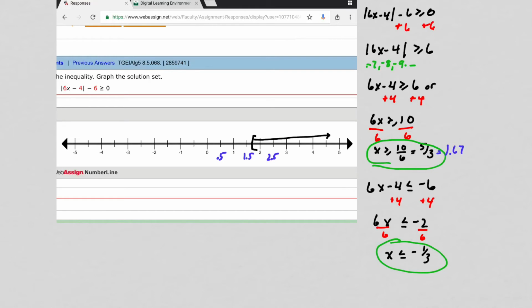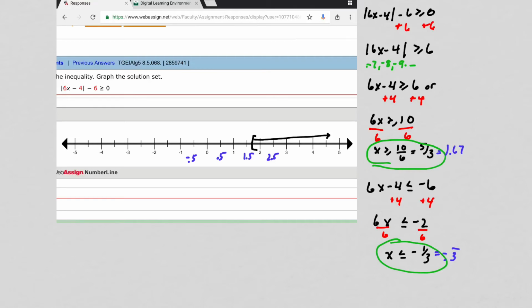And then x less than or equal to -1/3, that's the same as -0.3 repeating. So here we have -0.5. So -0.3 is a little bit closer to the -0.5 than it is to the 0.